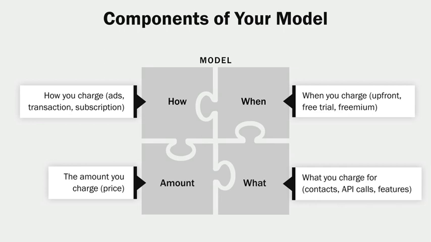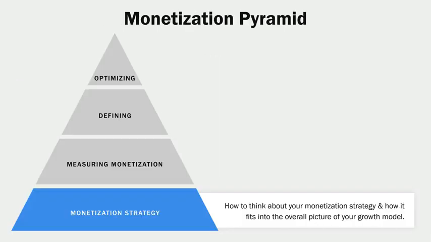It's actually four different components: how you charge, when you charge, what you charge for, and the amount you charge. These different components can be combined in different combinations, which introduces a different level of model friction. We introduced the monetization pyramid, which helps us think about how we construct all of the different pieces around monetization. We started with monetization strategy, talking about how our model fits into the overall picture of our growth model.